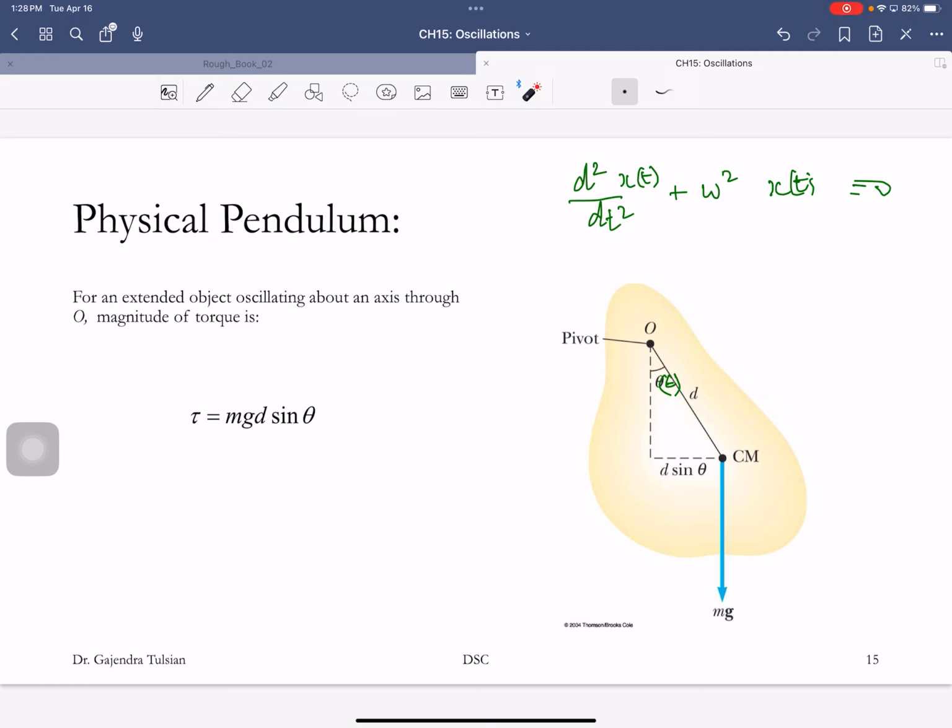When the center of mass is right below, the torque is 0. When it's there, this is a clockwise torque. When it's over there, that would be a counterclockwise torque. So the restoring torque is mg, the weight of this object, times d sine theta. There's the moment arm, d sine theta.